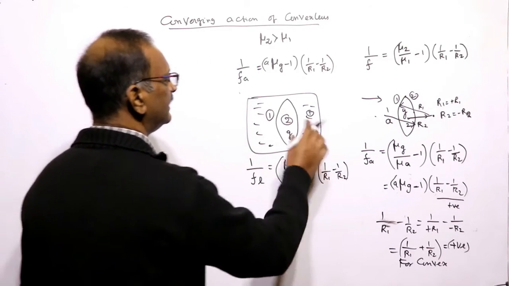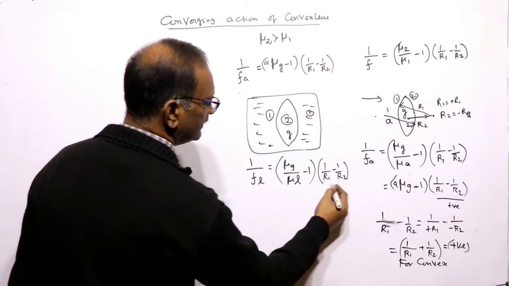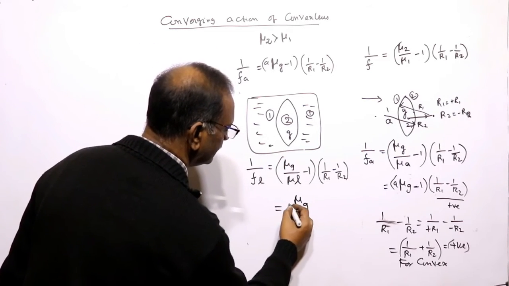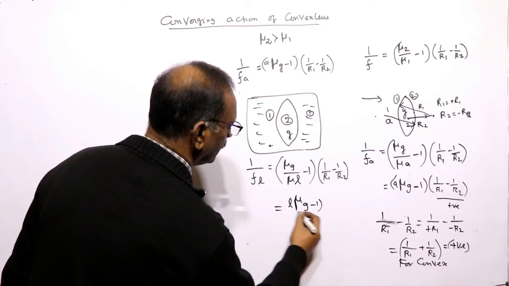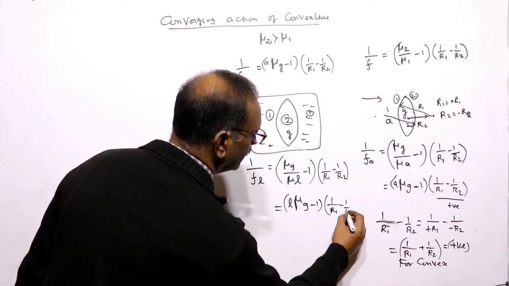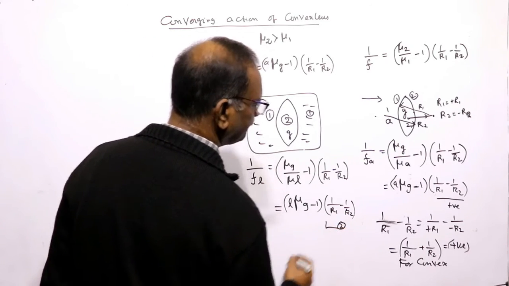There will be no change, because the lens is the same and its radii of curvature are the same. So this is a positive quantity, or we can say the refractive index of glass with respect to liquid, minus 1, into 1 by R1 minus 1 by R2. This is the second equation.